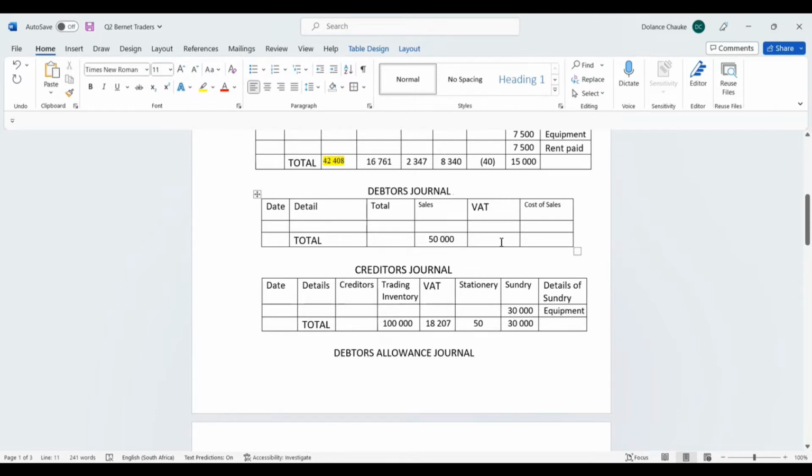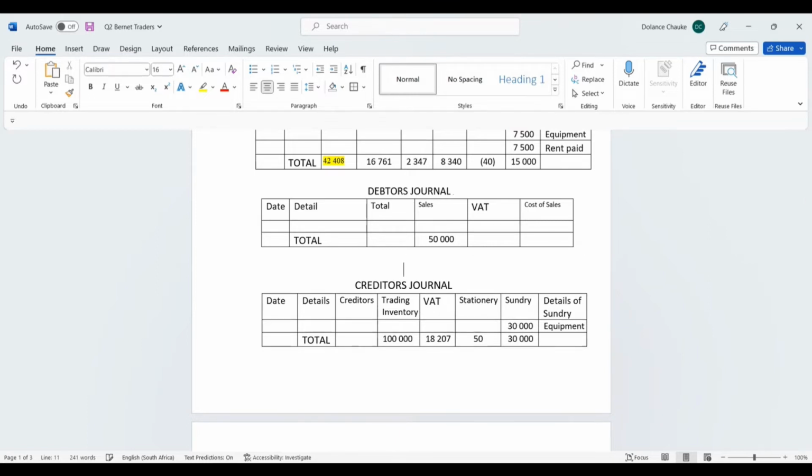So now, which one can you get quickly? If I were you, maybe I'll go for VAT, because VAT is easy, and they said VAT is 15%. I would like you guys to start with the VAT. To calculate VAT, you have to say 50,000, the sales price, multiplied by 15, because they said VAT is 15%, divided by 100.